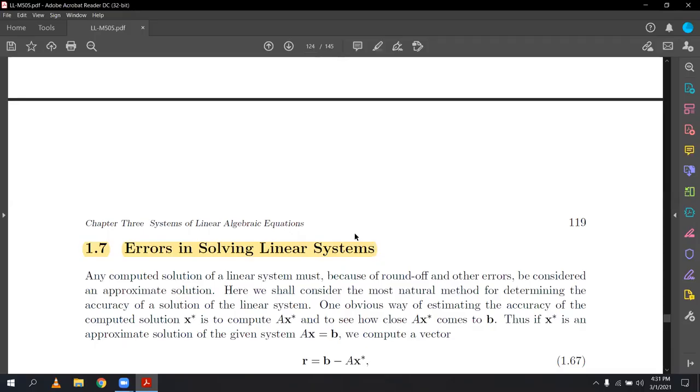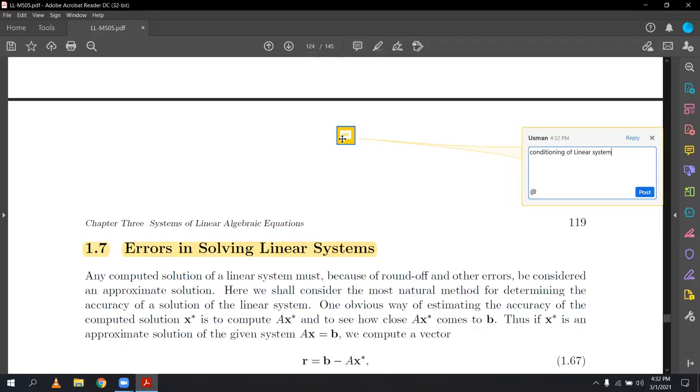What we will discuss here is that there are some reasons why, even if you are using a good method, your error still increases. And this error increase depends on the conditioning of the linear system.